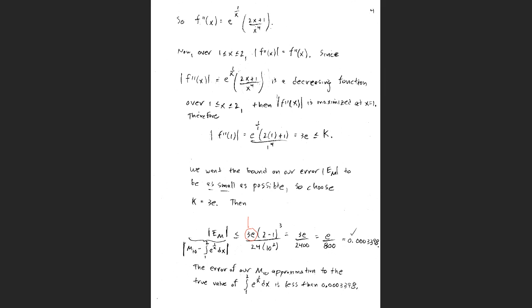The 3 times e is the big K value. 2 is equal to b, 1 is equal to a, and of course 10 is equal to n. So the exact value would be 3e over 2400, or e over 800. If WebAssign said approximate your answer to 7 decimal places, it would be 0.0003398.